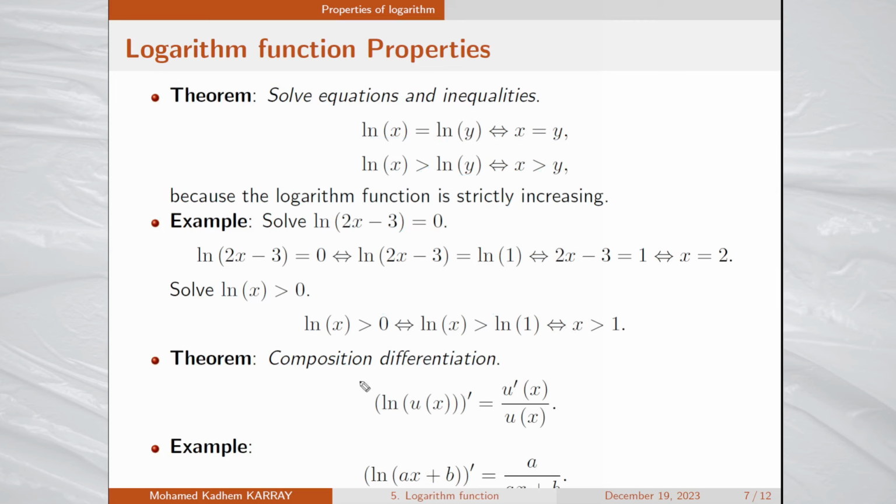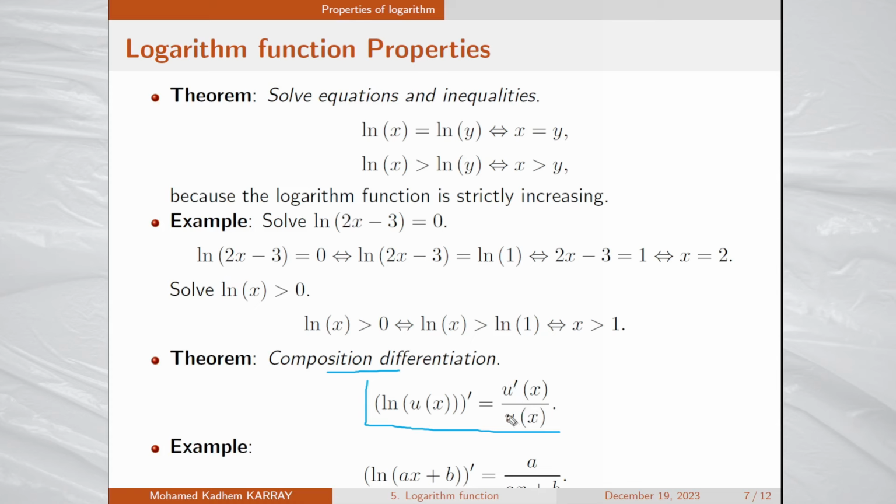The following theorem shows that the composition of a logarithm by a function u has a very simple derivative. This is the formula. The derivative of the logarithm of u, where u is a function which is assumed differentiable, equals u prime divided by u.